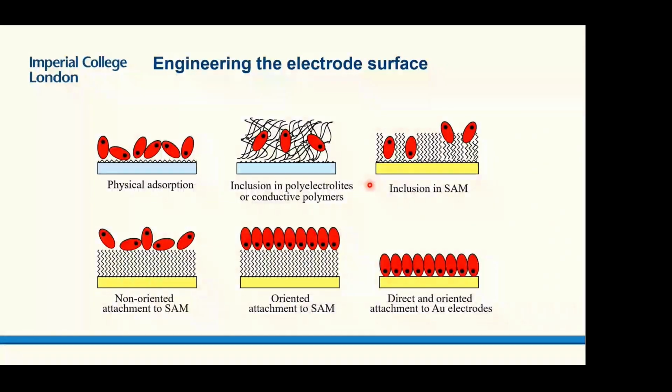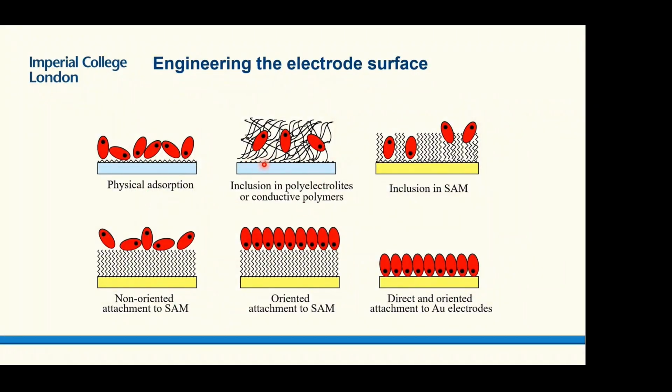In terms of the engineering of the electrode, you can choose many different approaches for immobilizing your proteins on the surface. You can directly immobilize the protein, for example, on metal surfaces or on carbon surfaces. Also metal oxides, as Maxi already showed.